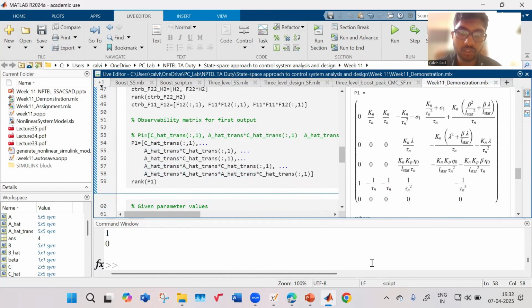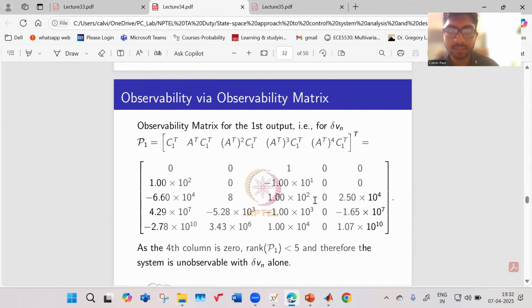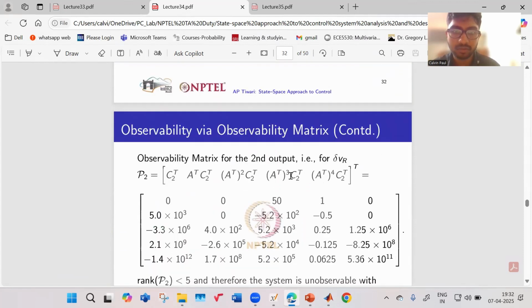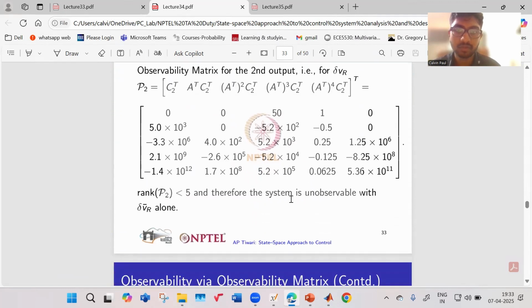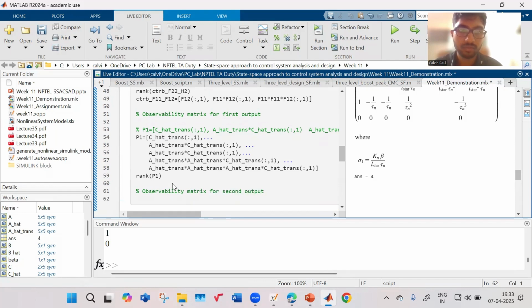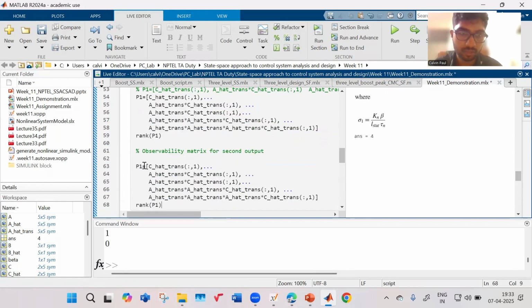So let us do the observability matrix for output 2. So we can check the P matrix for the second output. This must be the same. It will be P2, rank of P2.